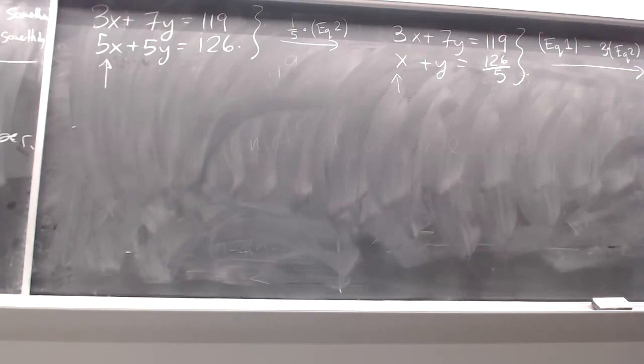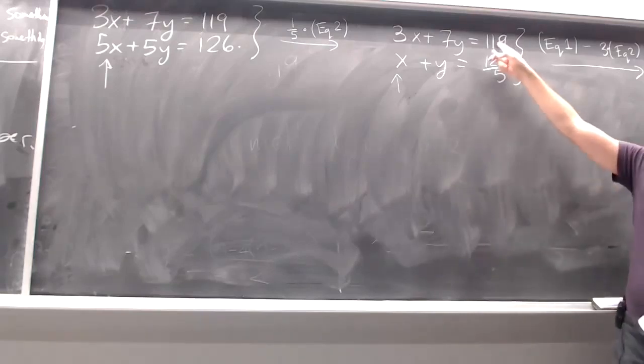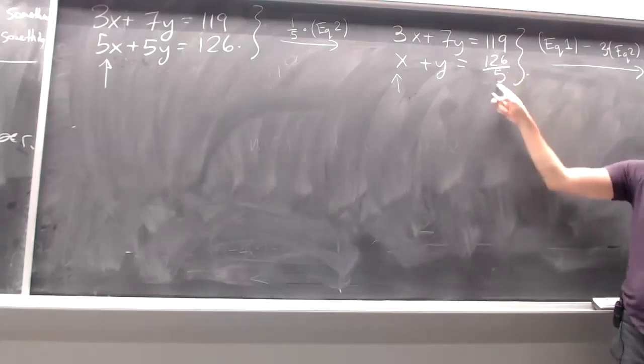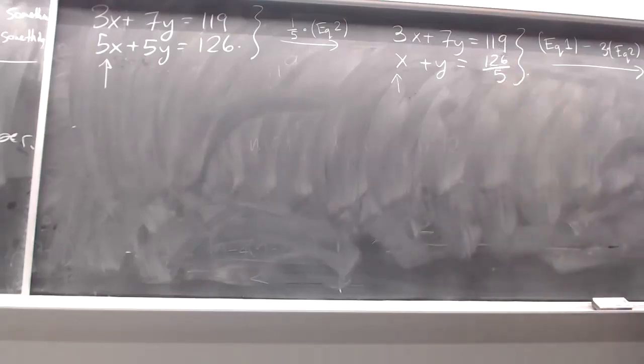But this is 217 over 5. That comes from just taking 119 minus 3 times this, right? Then my second equation is the same.